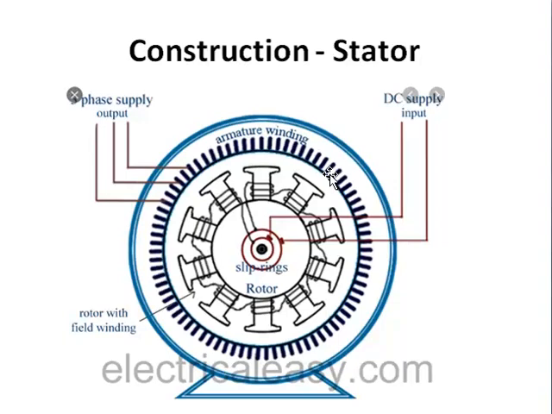The armature winding is always connected in a star, and the neutral is connected to the ground. The slots can hold the winding, so on the inner periphery we have the slots, and inside those slots we can place the conductors, and that winding is called the armature winding.